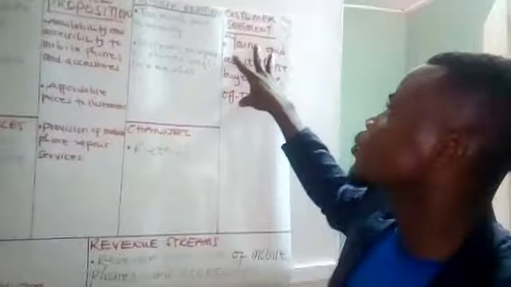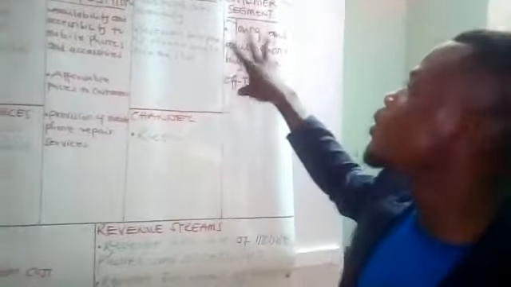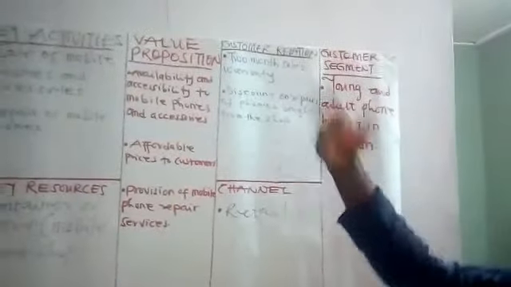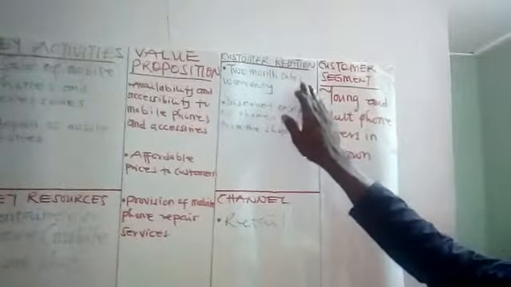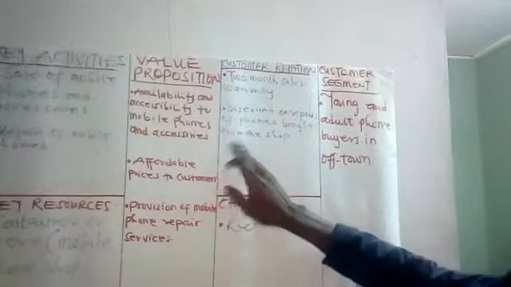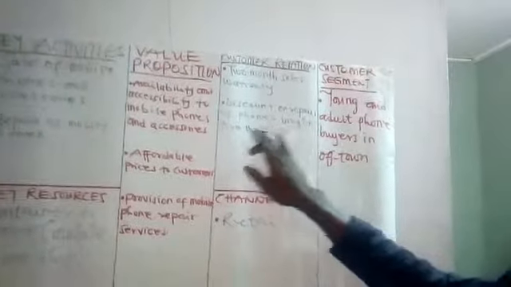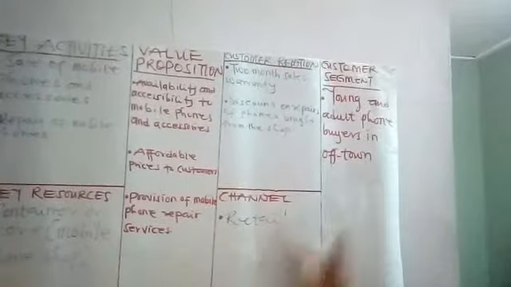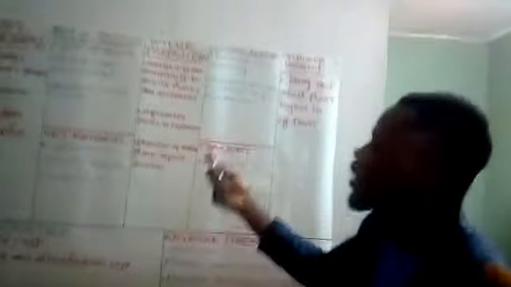Now, after he has identified these customers, how will he be able to maintain them? That comes to the point of customer relations. He said he's going to give them 2 months sales warranty and also give them a discount on repairs of phones bought from his shop. So if you buy a phone from this young man, he's going to give you 2 months warranty.